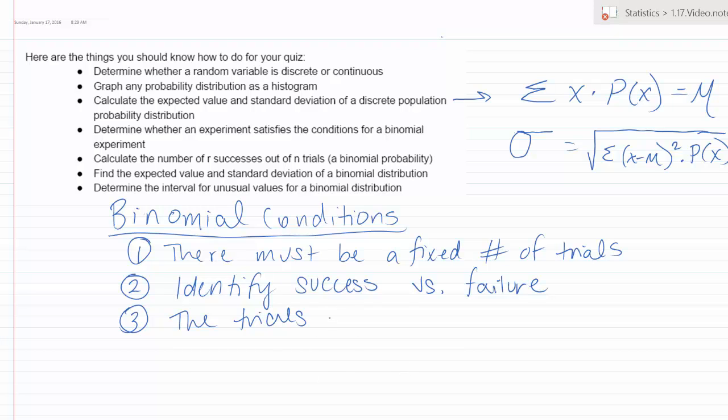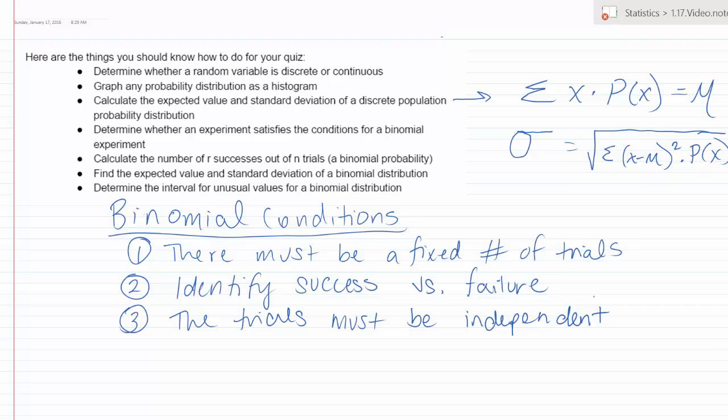The third condition is that the trials must be independent. And remember, we talked about approximating independence. If you have a very large population and you are sampling without replacement, it's possible to approximate independence for those trials.